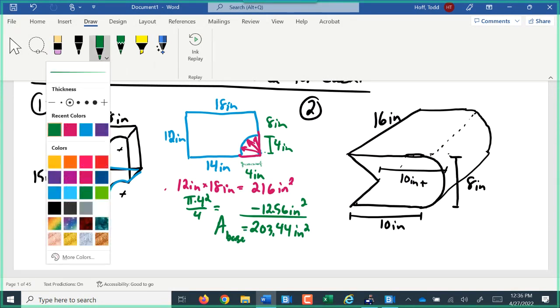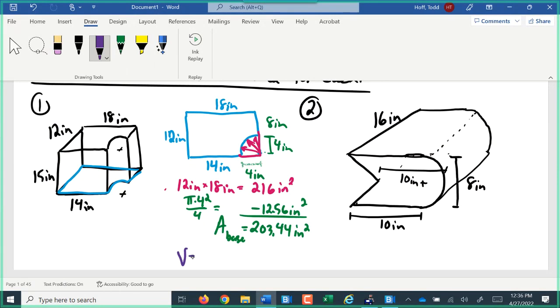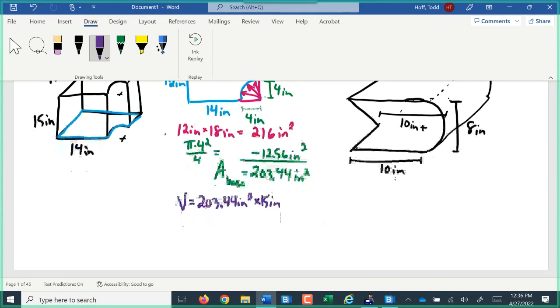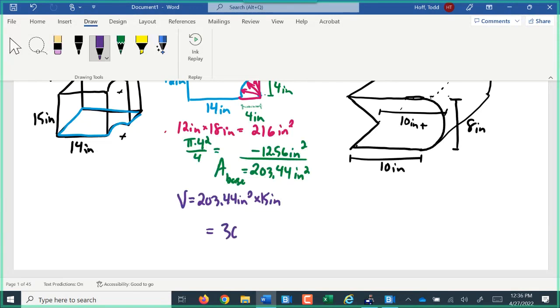So how do we find the volume from that? Oh, multiply that by 15. 203.44 square inches times 15 inches of height gives us 3051.6, I believe.